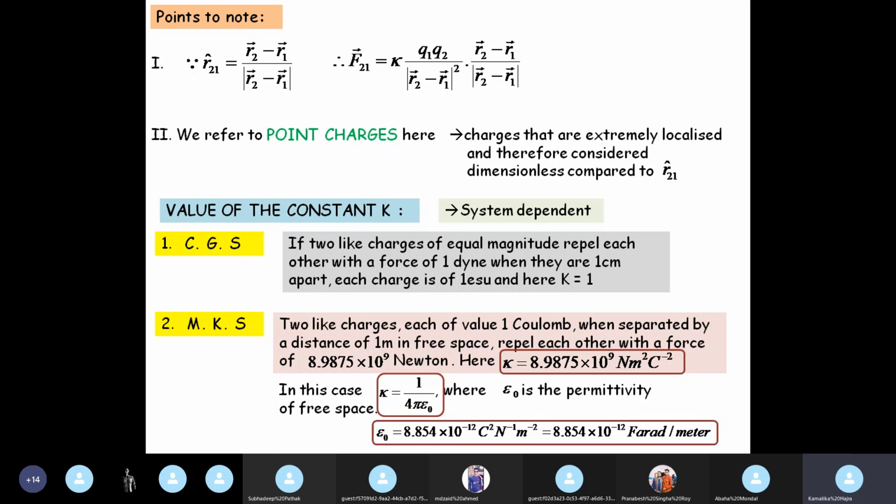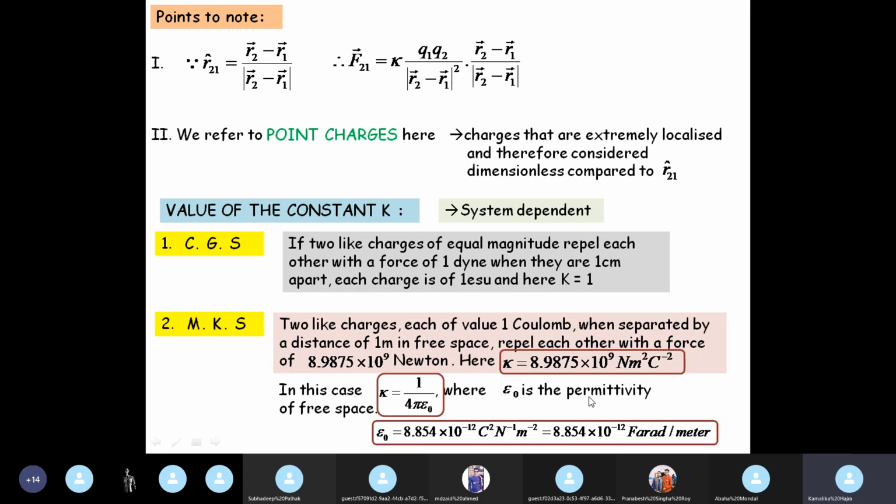So kappa is 8.99 into 10 to the power 9 Newton. More important is the unit. Okay, if you put the units of the other things, that is force, distance and charge, then you will see that the unit of kappa is Newton meter square per Coulomb square. Kappa is actually equal to 1 by 4 pi epsilon naught, where epsilon naught is the permittivity of free space and the value of epsilon naught is this. So epsilon naught and kappa are reciprocal to each other.